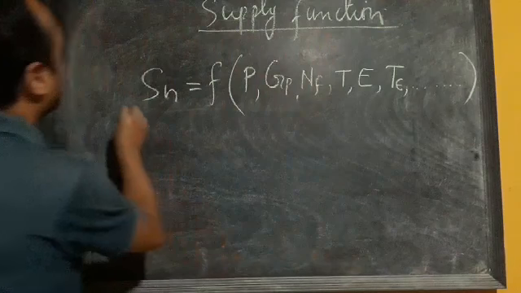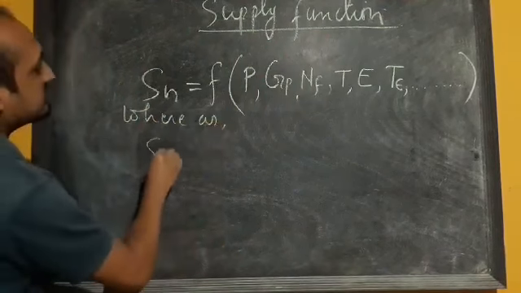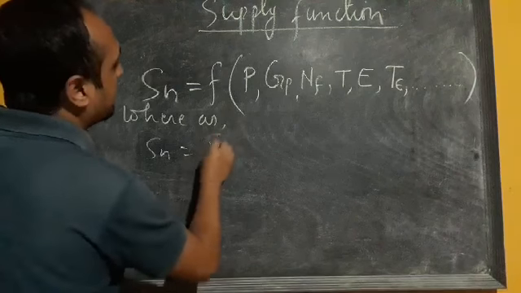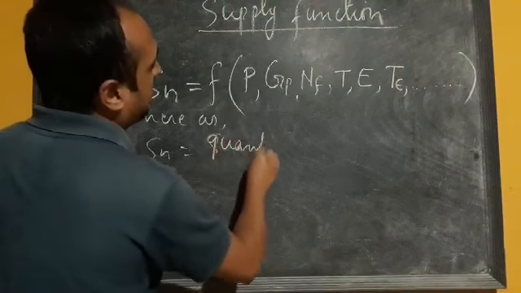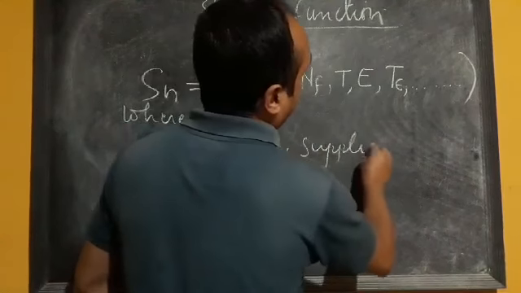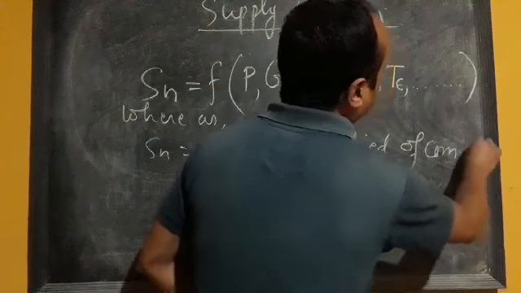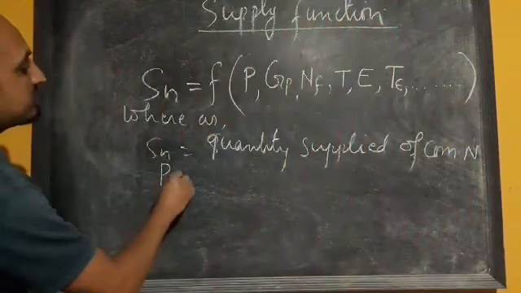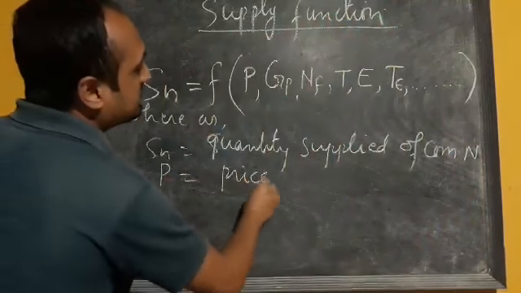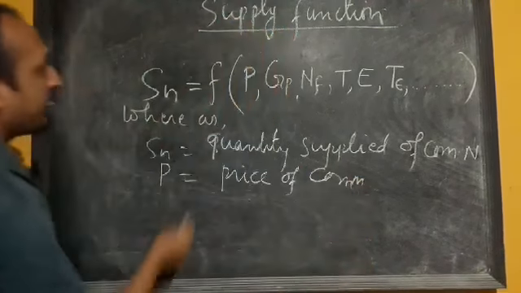Here Sn represents quantity supplied of commodity N. P is the price of the commodity.